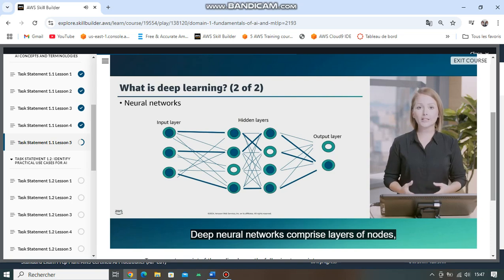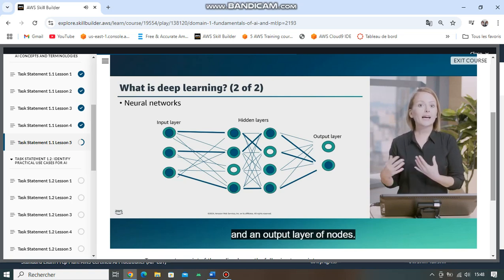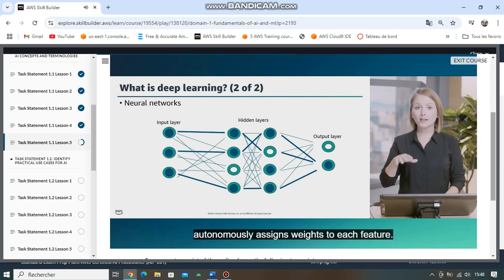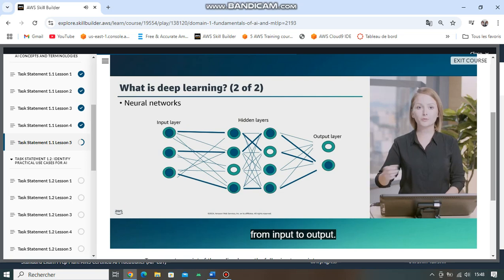Deep neural networks comprise layers of nodes, including an input layer, several hidden layers, and an output layer of nodes. Every node in the neural network autonomously assigns weights to each feature. Information flows through the network in a forward direction from input to output.